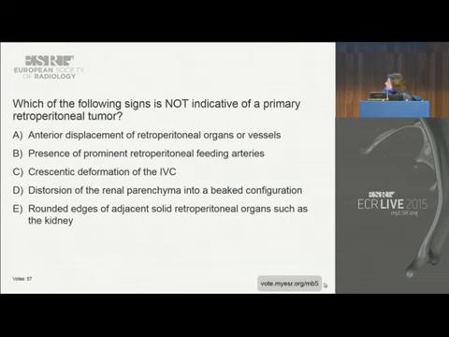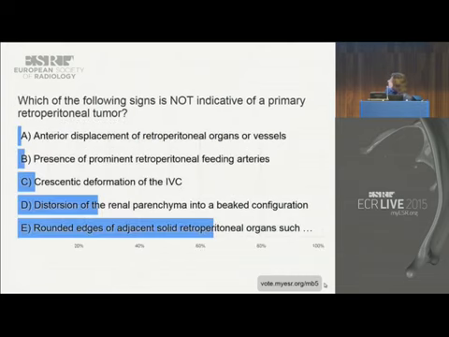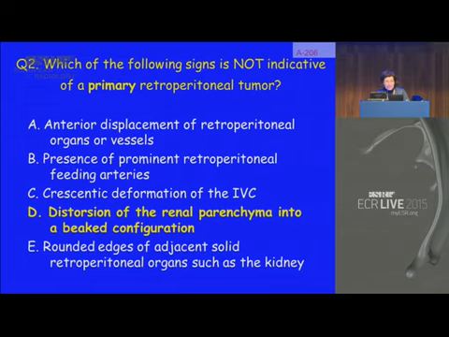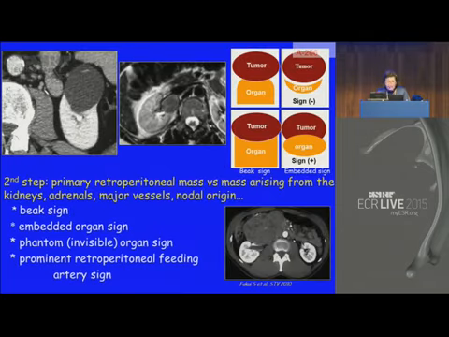Well, maybe we could have the results, please. Well, the correct answer, the majority of you didn't give the correct answer, was distortion of the renal parenchyma into a beaked configuration.